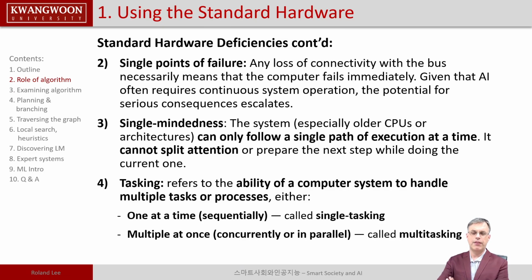The third one is single-mindedness. The von Neumann bus can either retrieve an instruction or retrieve the data required to execute the instructions, but it cannot do both at the same time. Consequently, when data retrieval requires several bus cycles, the processor remains idle, further reducing its ability to perform instruction-intensive AI tasks.